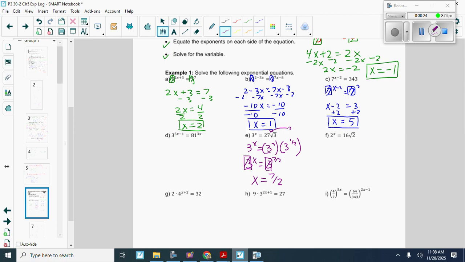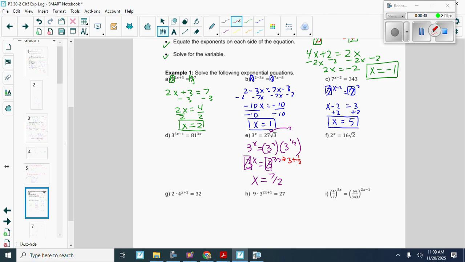Keep it in fraction form. If you need to make a note to yourself, this was 3 plus 1/2. That's where the 7 over 2 came from. We're adding the exponents.